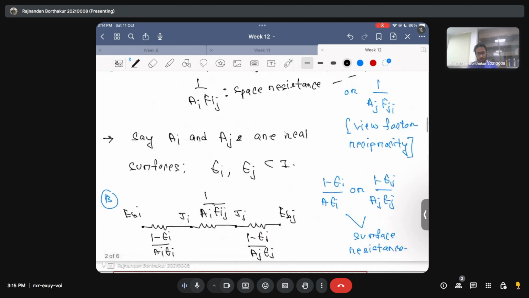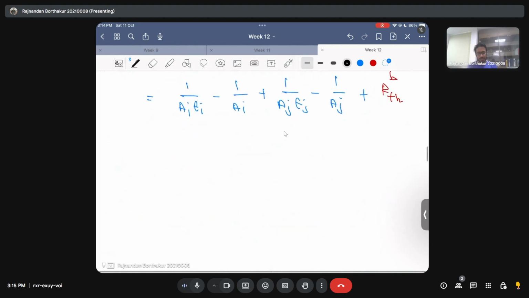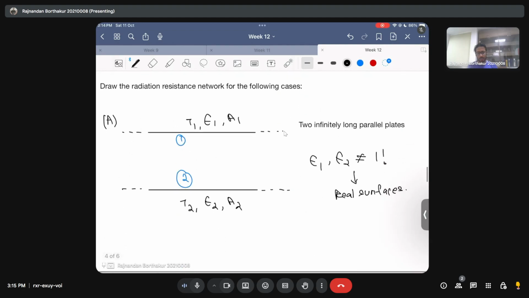Okay, so in order to appreciate this method of calculating net radiation transfer using a radiation network, we'll now look into certain examples from which we'll try to figure out what the radiation network for the different cases would be.